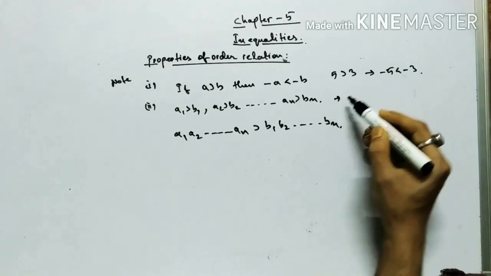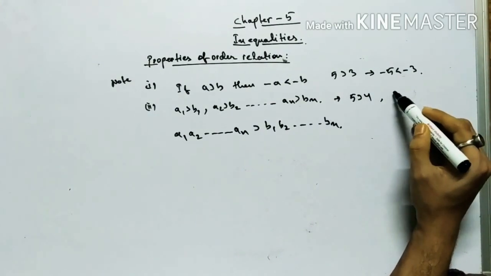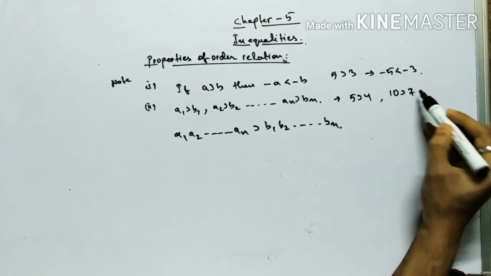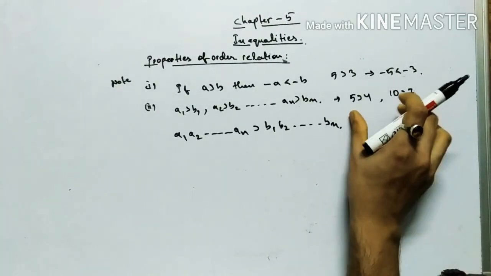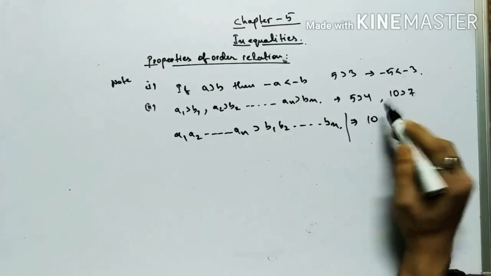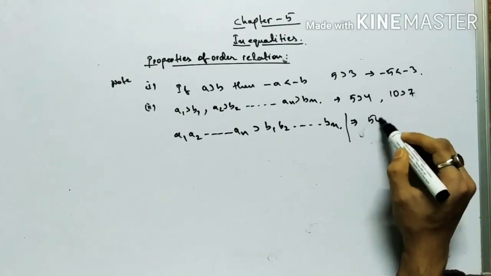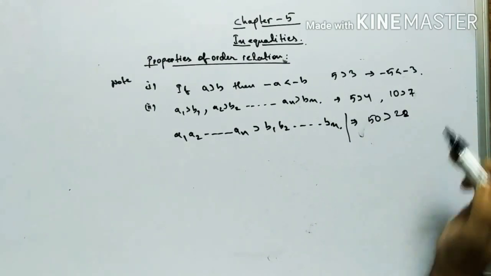For example, 5 is greater than 4, and 10 is greater than 7. If you multiply 5 into 10, you will get 50. It will always be greater than 4 into 7, which is 28.